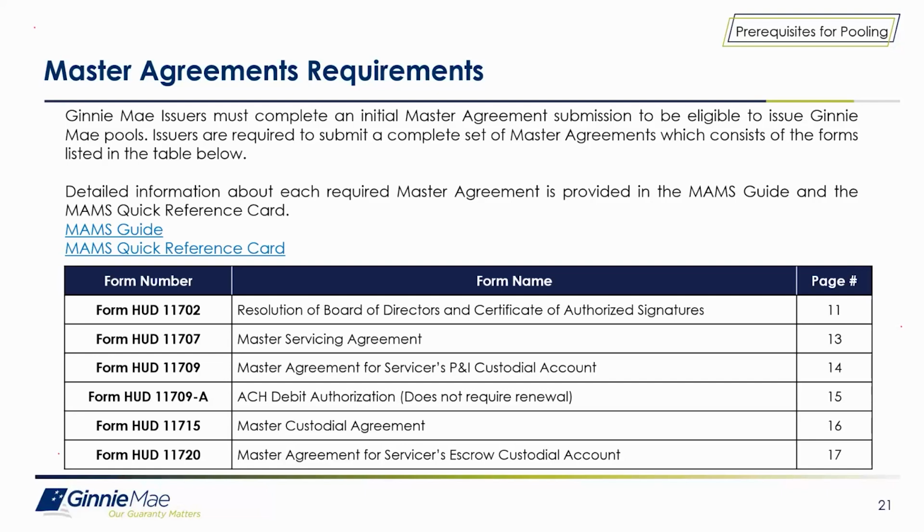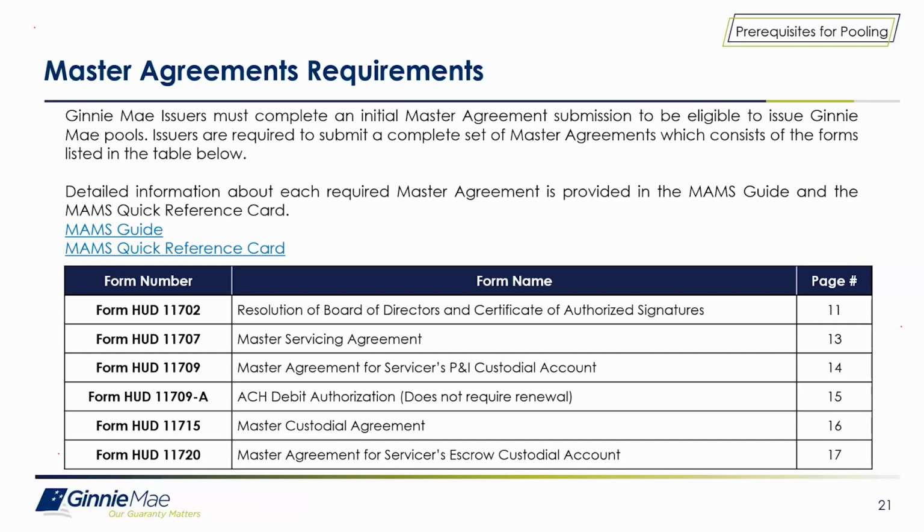So those are the master agreement forms that you need to fill out and send in to us. Some of those forms are actually looked at and approved by us. 11702 is done by us. 11707, of course, if you have a subservicer, goes to your subservicer, and then after that, it goes to Ginnie Mae for approval. 11709 and 11720 also go to your subservicer.